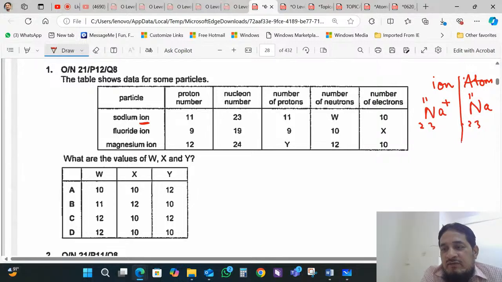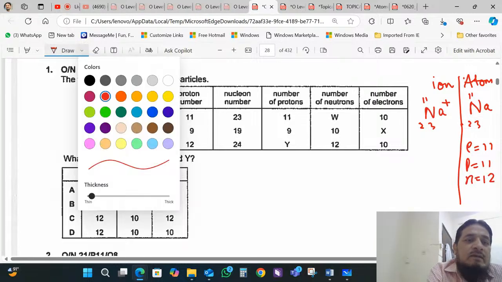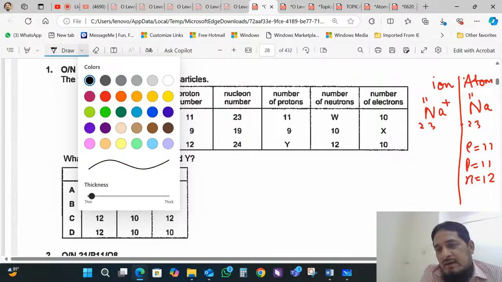So in the case of an atom, we should be able to write the electrons, protons and neutrons. This has proton number 11, so 11 electrons, 11 protons, and 12 neutrons. And in the case of Na plus, it has transferred one of its electrons.